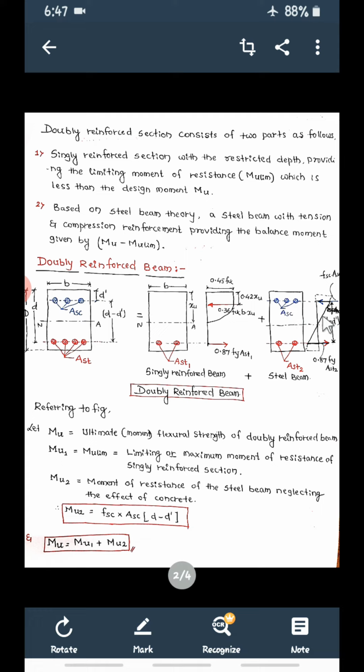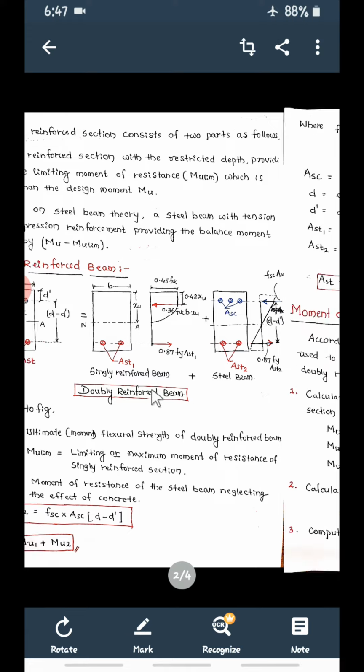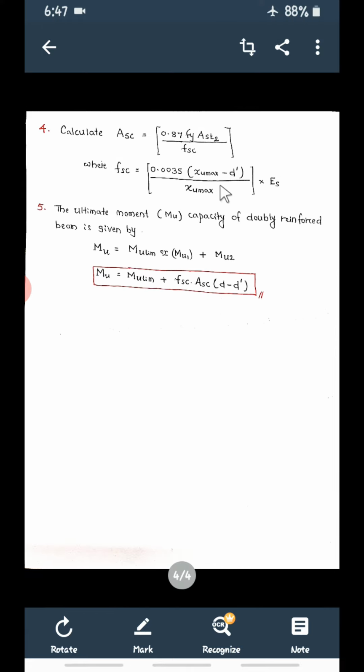Equate these two forces. 0.87 fy Ast2 is equal to Fsc into Asc. So from that, Asc is equal to this term.